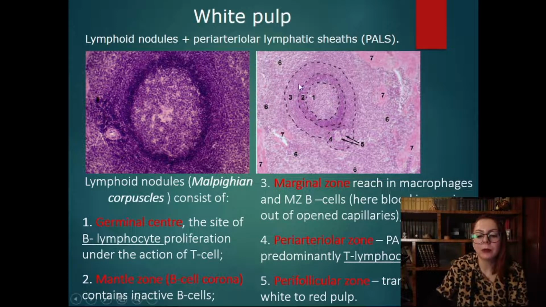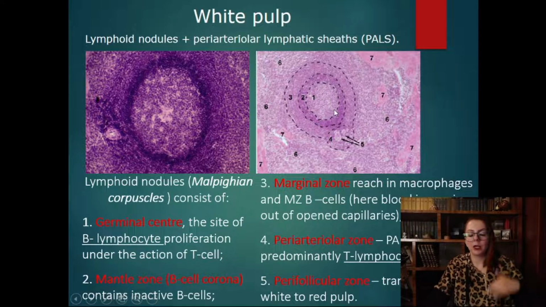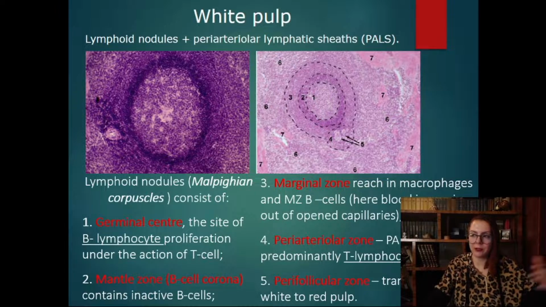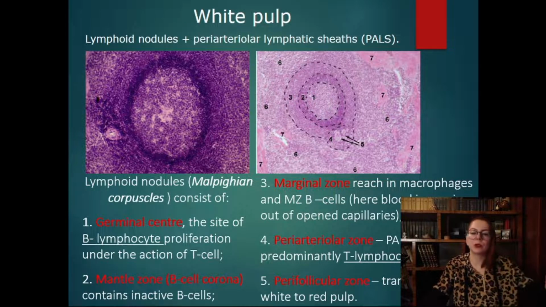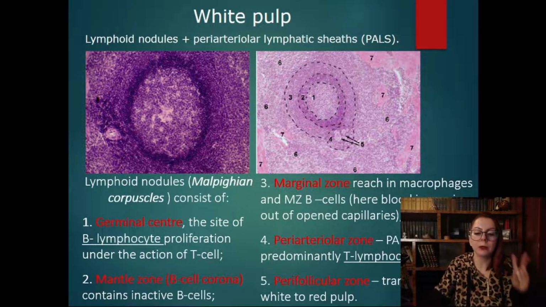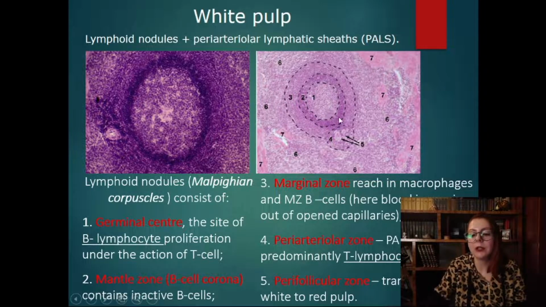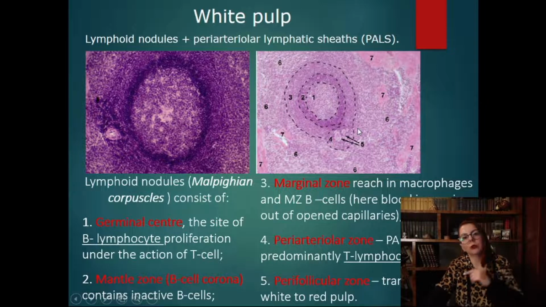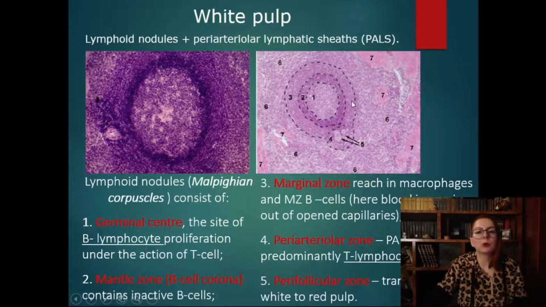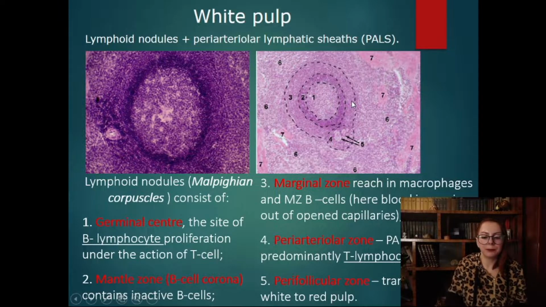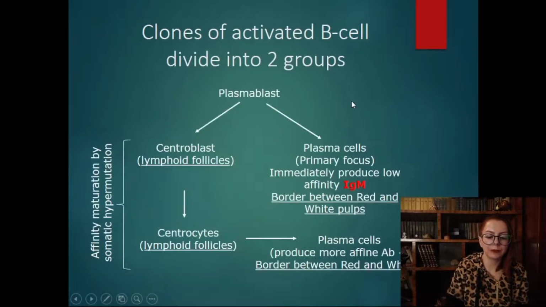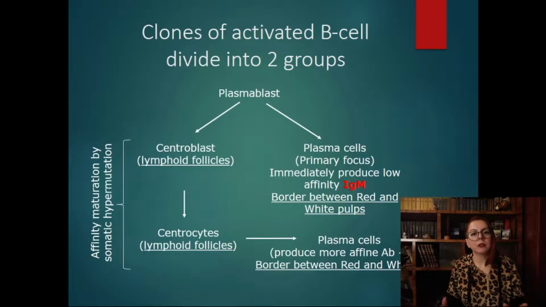They either remain here inside the follicle and create a new germinal center, improving their antibodies and undergoing the process of affinity maturation, or the second way, they immediately go to the border between the red and white pulp and start to produce immunoglobulins of low affinity, immunoglobulins M. So let's look here. The same diagram is in the lymph node.